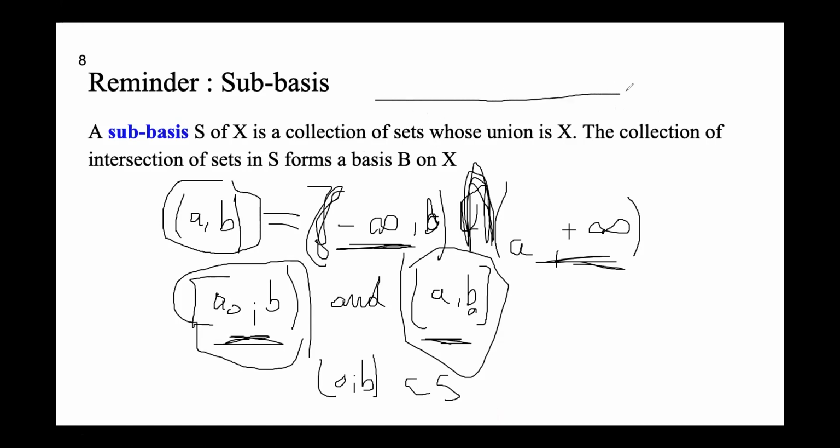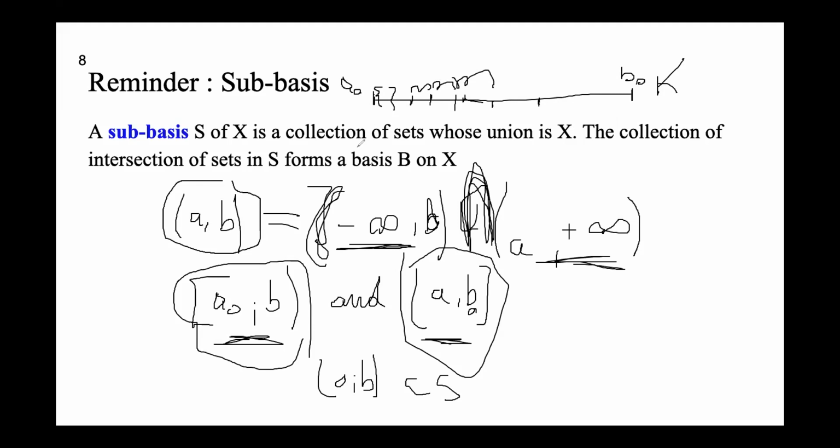So let's say this is X, and in this case we have a largest element B and a smallest element A. S is a collection of sets whose union is equal to X. Then S would be like a union of sets like these. They are all in here, such that their union would give us X, right?